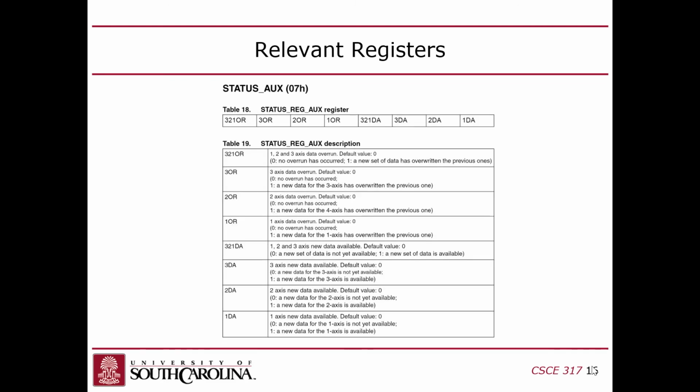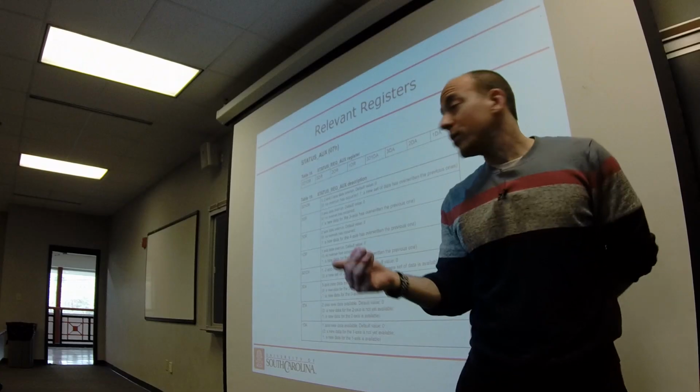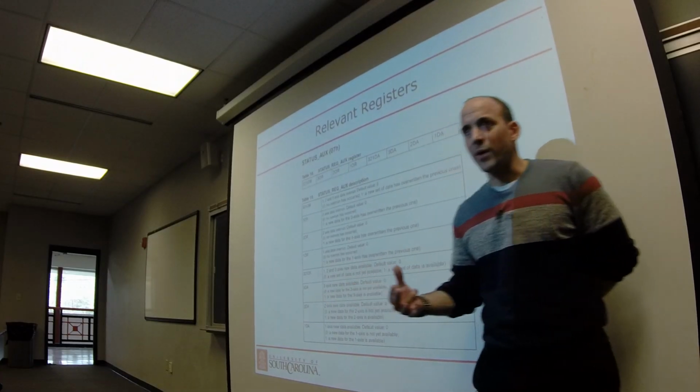Then there's WHO_AM_I, and the status aux register, which you'd use for polling, because that one has the 321DA bits, which tell you if new data is available. So if you were polling as opposed to using an interrupt, you can check that bit to know if it's ready.